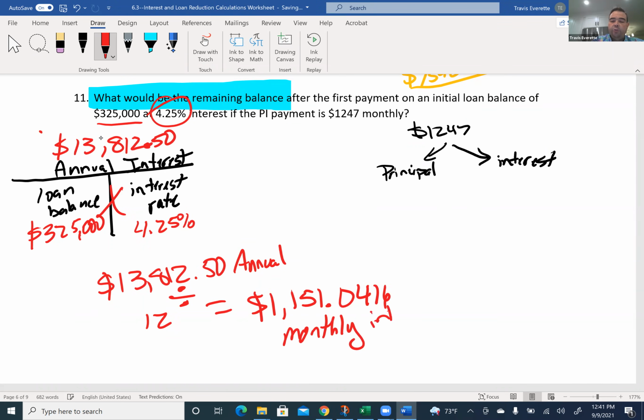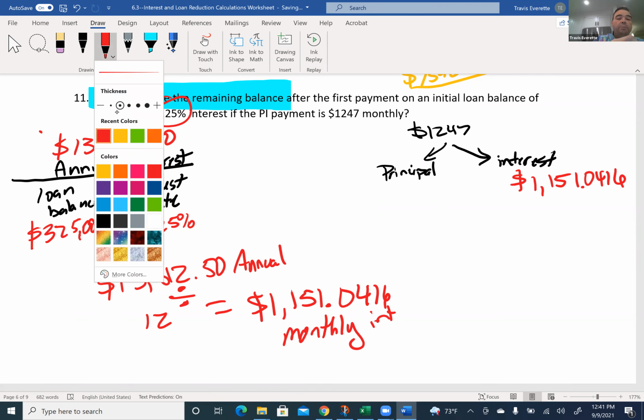Remember, that's interest. So that goes right up over here, 1,151.0416.